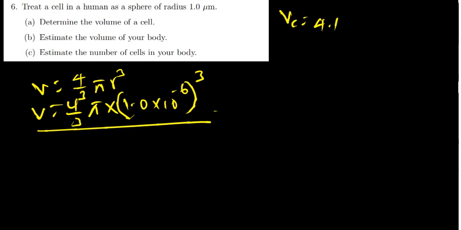Okay, times 10 to the power what? Negative what? Guys, have you cubed this to the power 3? This one is supposed to give you 10 to the power negative 18. Although I've not calculated, you are supposed to get negative 18 because this time, this one is negative 18.